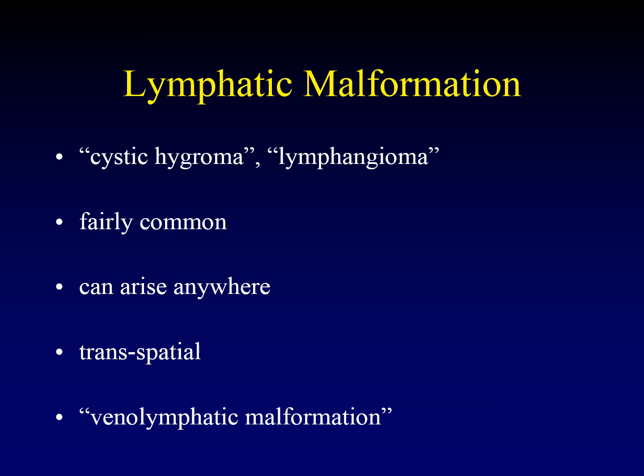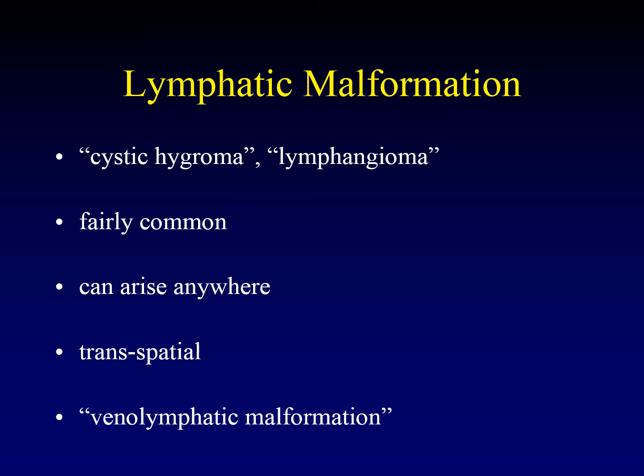Lymphatic malformations don't care at all about the cervical fascia, and so they will spread from one cervical space to another cervical space. If you need a review on cervical spaces, there are lectures in this series on the normal anatomy of the neck. Lymphatic malformations often come in combination with venous malformations.